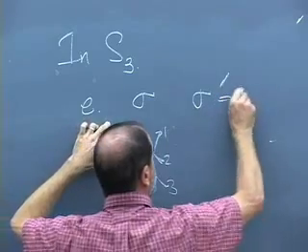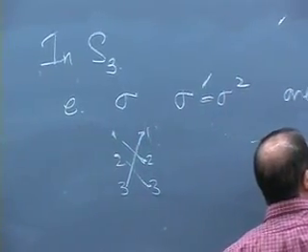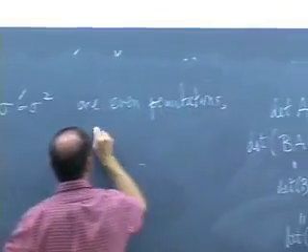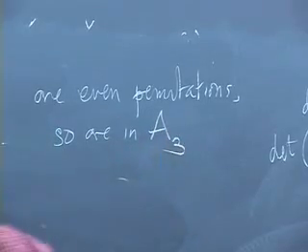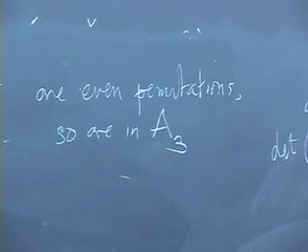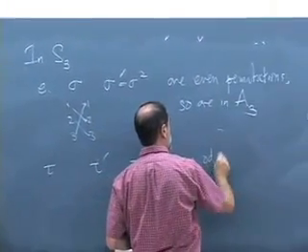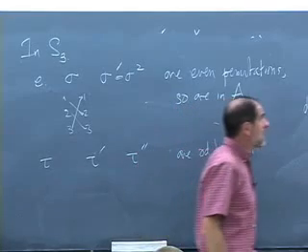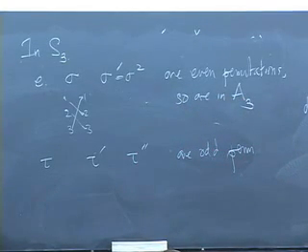And sigma prime, which is its square, are even permutations. So they are in the subgroup that I called A3, and tau, tau prime, and tau double prime are odd permutations. And you can check that by writing down the permutation matrices and taking their determinants.